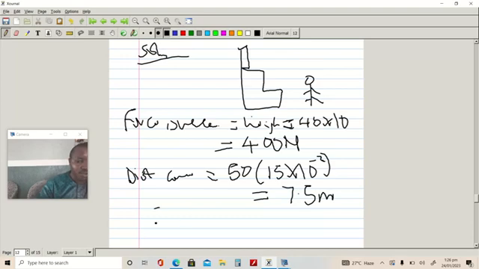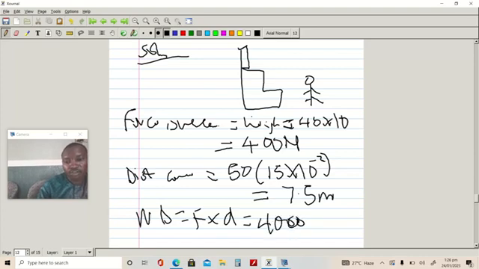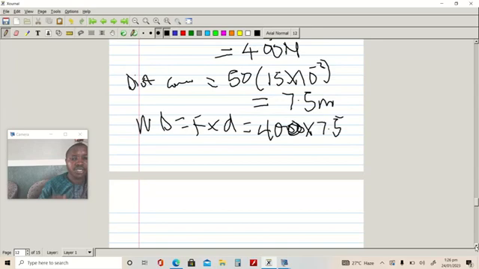So the work done is going to be force times distance, which is equal to 400 newtons multiplied by 7.5. If you do that multiplication well, you get your work done.